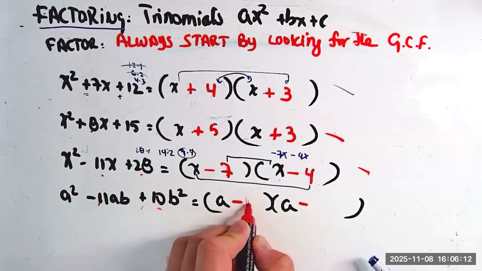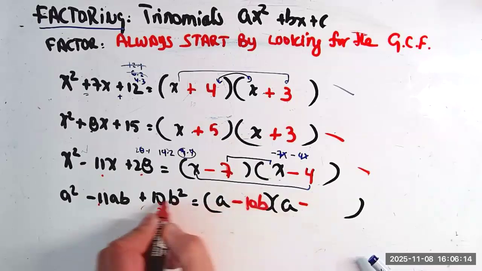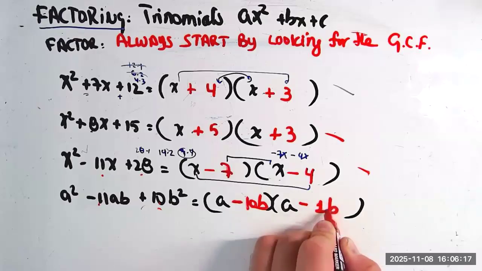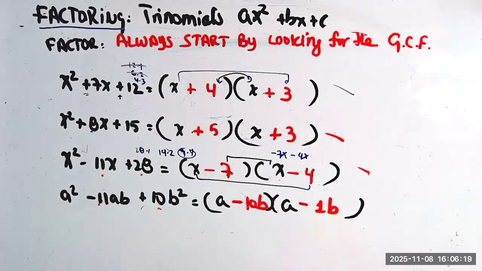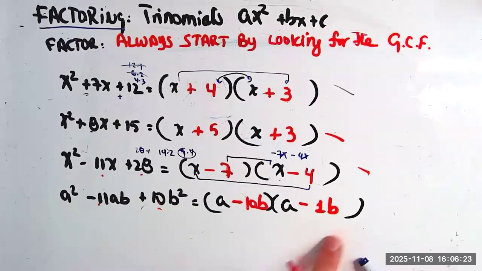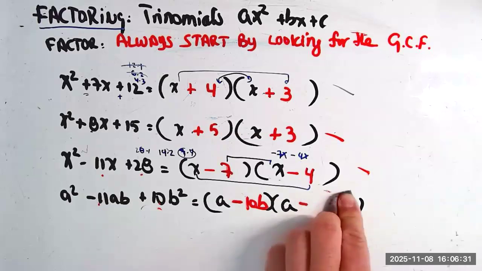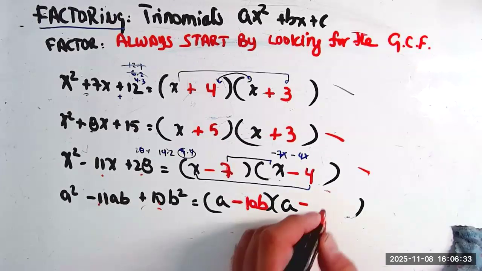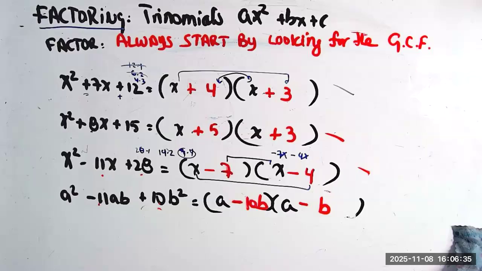So in this case, we need 10b and then 1b, which normally we don't write the 1, and I do it here on purpose. So negative 10 times a, minus 10a minus 1, that would be 10ab. If we avoid the 1, it will simply be a minus b.